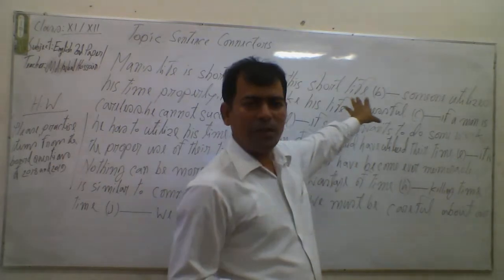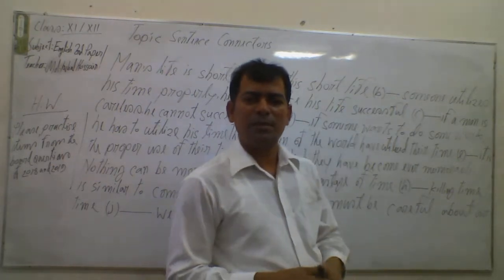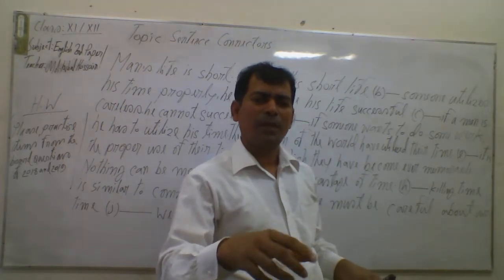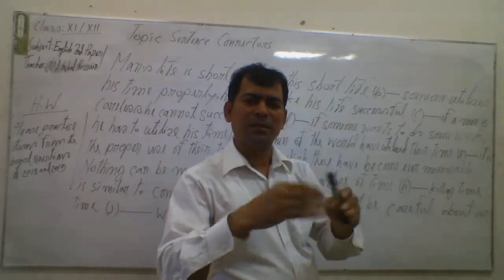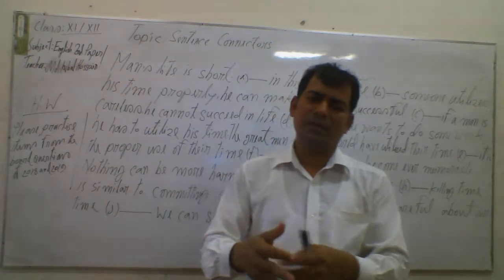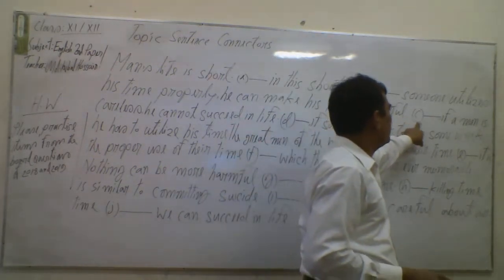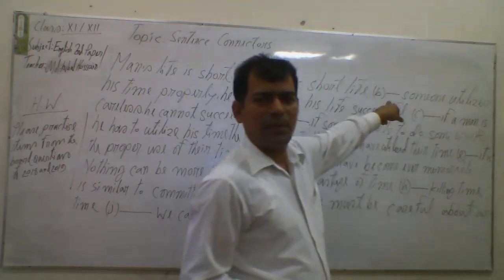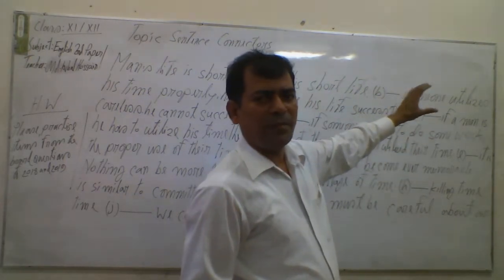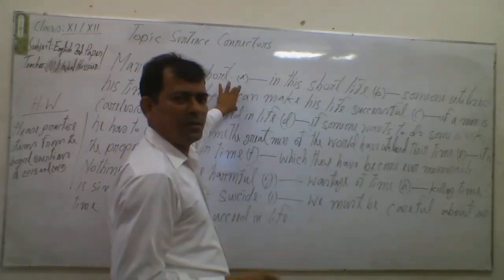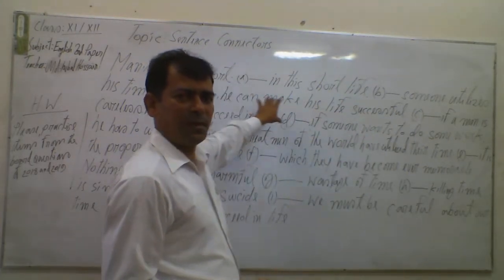Now, we know that there are some groups of connectors which we use depending on the senses, on the meaning of different sentences. For example, you see here in C, it is just the opposite of what is written earlier in the slide.